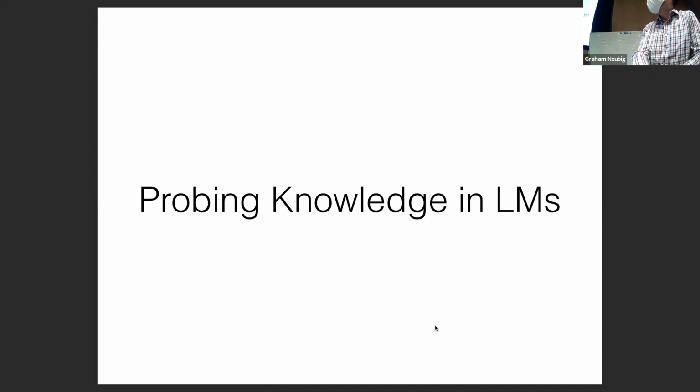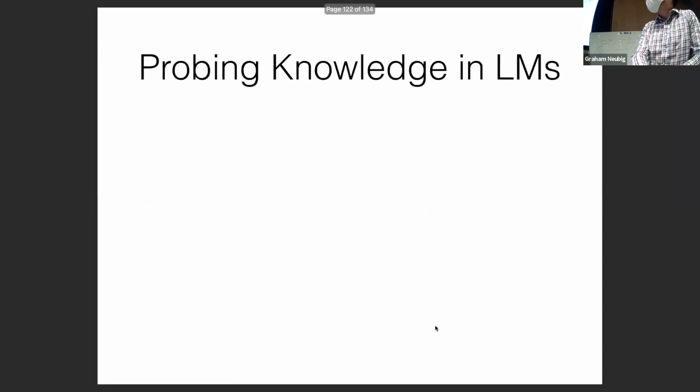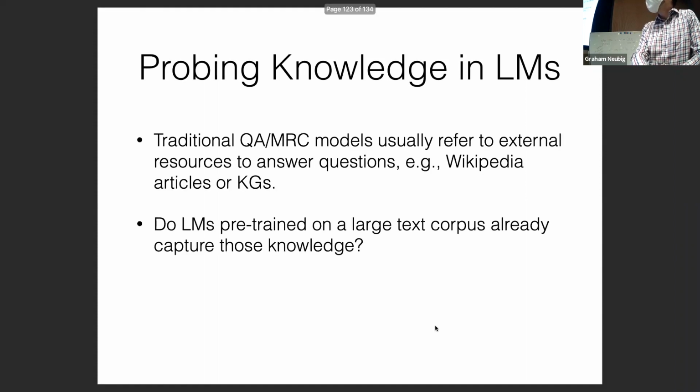This part is more about trying to figure out what knowledge language models have access to. We talked a little bit about this in the prompting class, but I'm going to talk about it in a little bit more detail here.